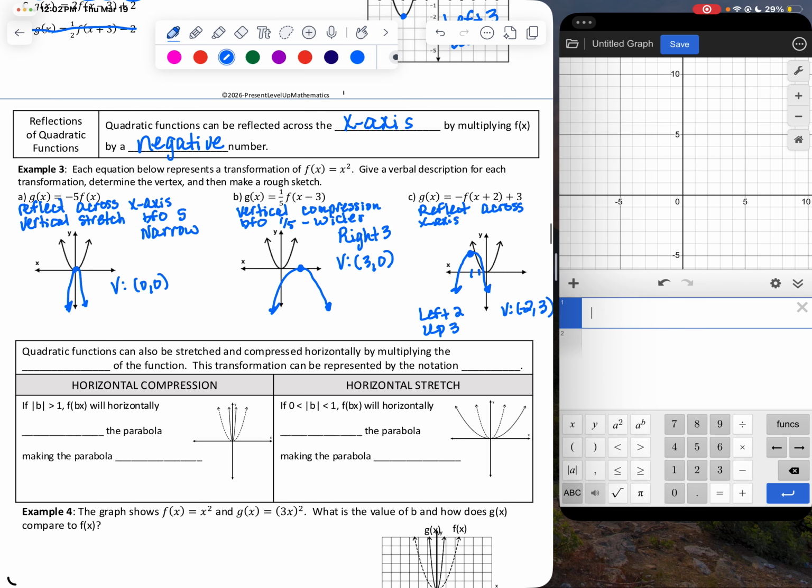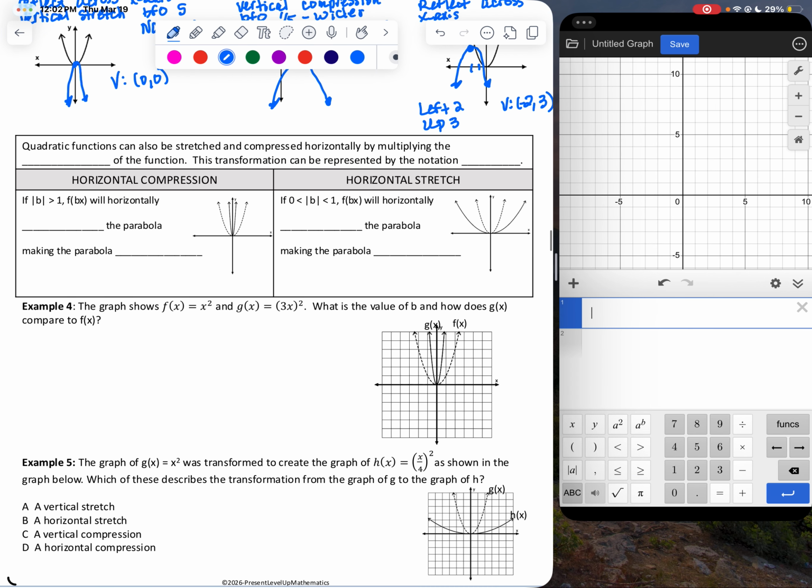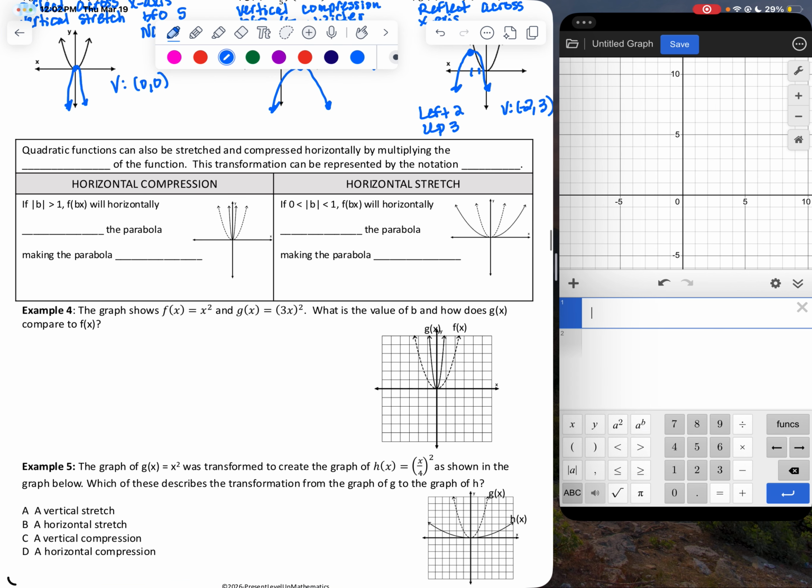All right, quadratic functions can also be stretched and compressed horizontally by multiplying the x values of the function. This transformation can be represented by the notation f of b times x. So notice now your coefficient is not in front of the function, it's inside the parentheses.